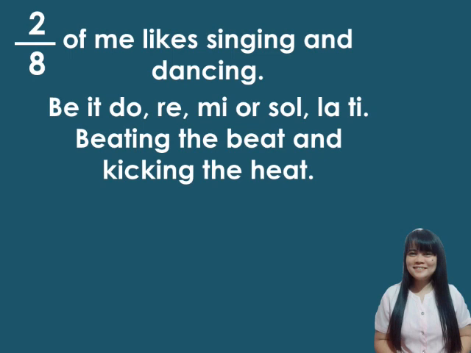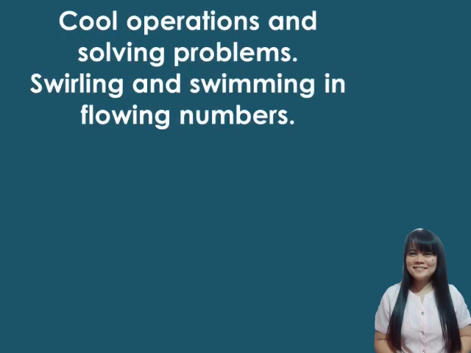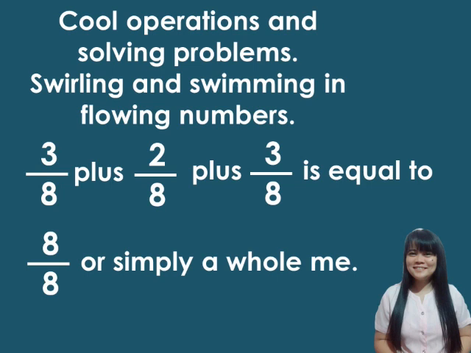Beating the beat and kicking the heat. And the 3/8 of me likes math. Cool operations and solving problems, swirling and swimming and flowing numbers. 3/8 plus 2/8 plus 3/8 is equal to 8/8, or simply a whole me.